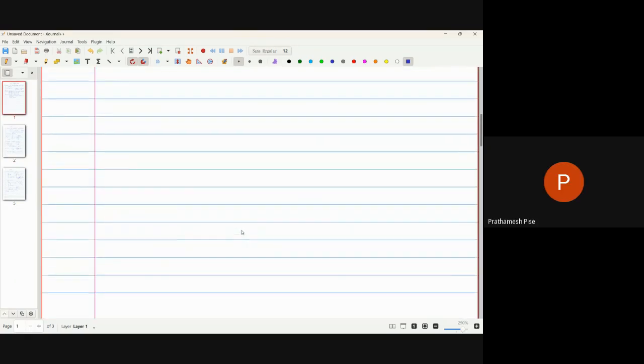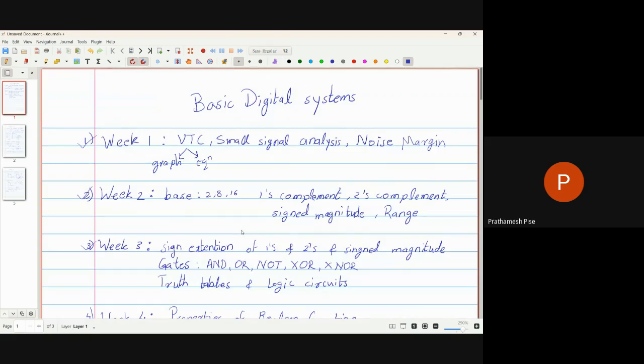So basically, keep in mind this: in week 1 there is just VTC and this equation, because we want to also consider some practical aspects. So the graph of VTC, small signal analysis, which is this equation, and noise margins. Noise margin is a little confusing, but if you give some time to it, you can do it correctly.